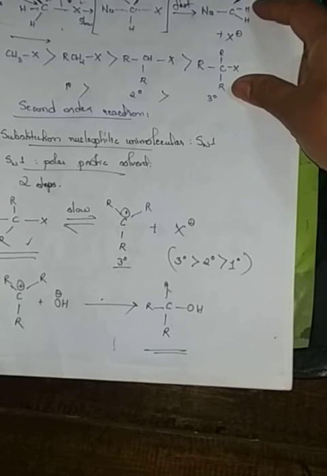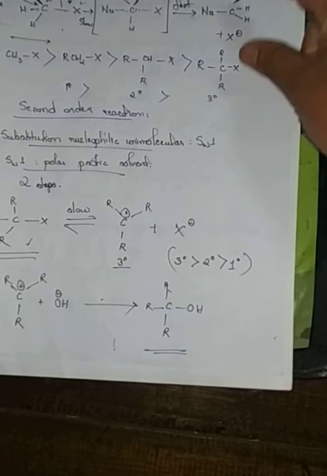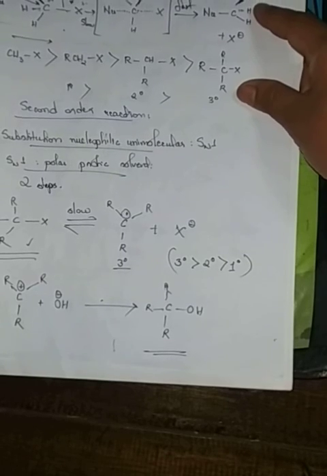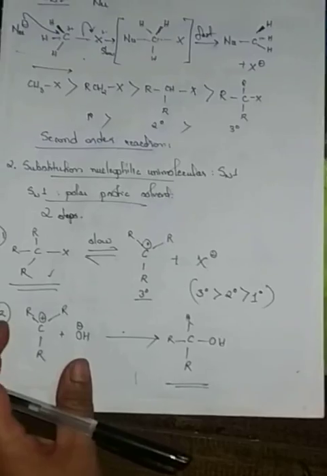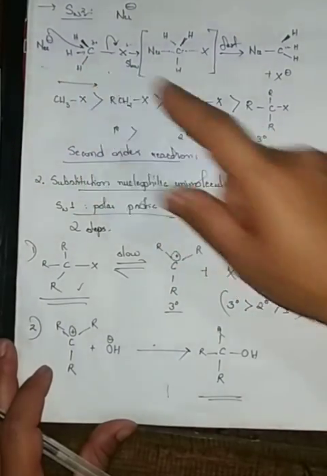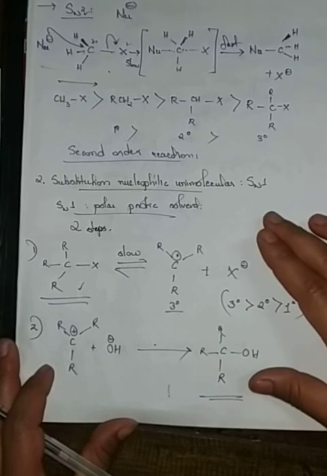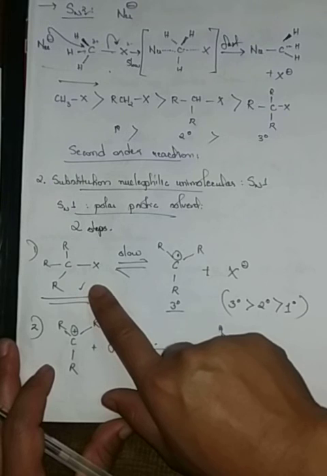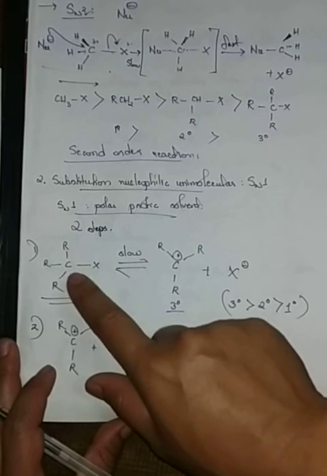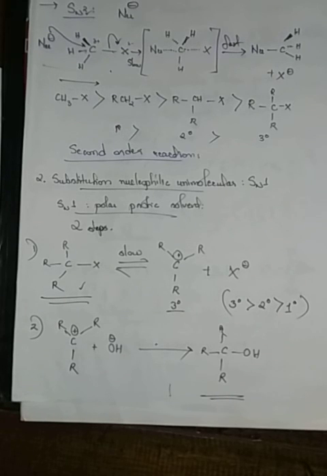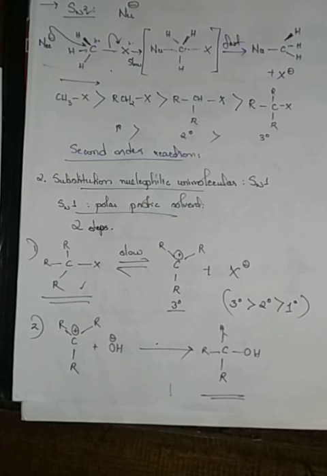SN2 occurs only in one step, and it follows second order kinetics because the rate of the reaction depends on the concentration of both the nucleophile and the alkyl halide, whereas in our SN1 mechanism, the rate of the reaction will depend on the concentration term of only our tertiary haloalkanes. Therefore, this is the explanation on the mechanism of nucleophilic substitution reaction in haloalkanes.